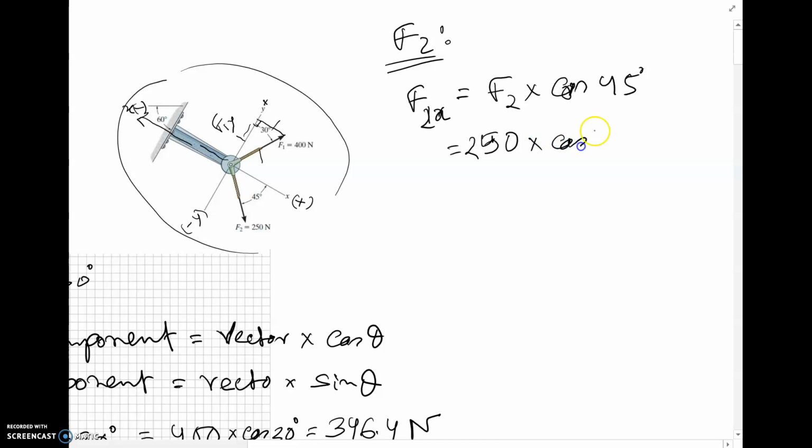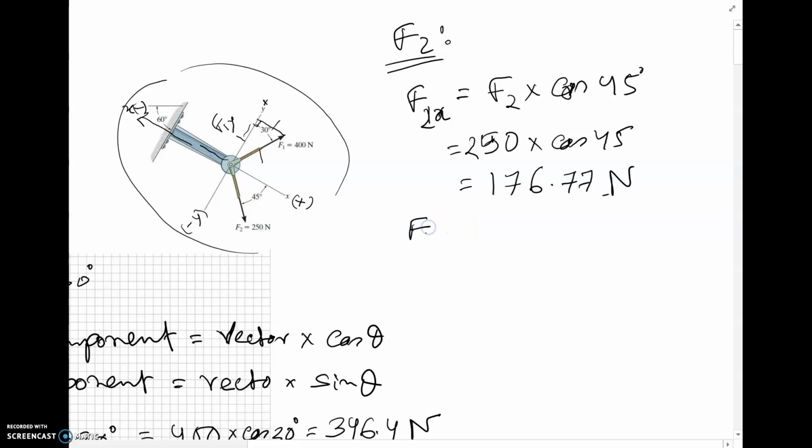Using the calculator, this equals 176.77 Newton, because the unit of 250 was Newton, and cos theta is a ratio, it doesn't have a unit.